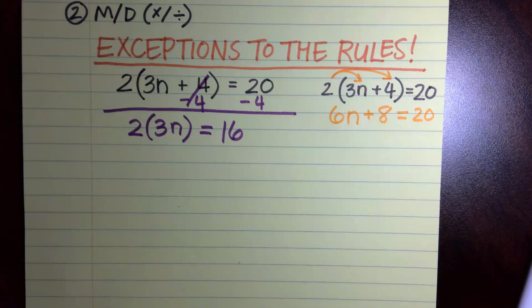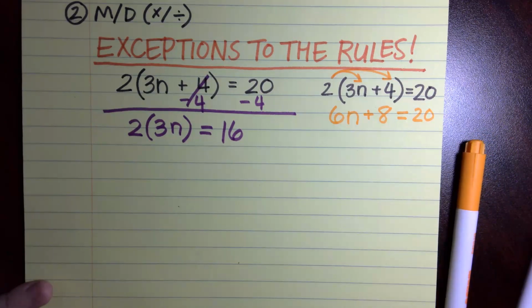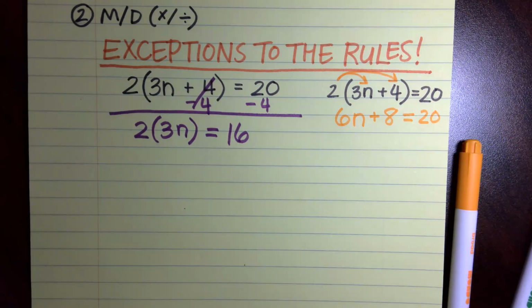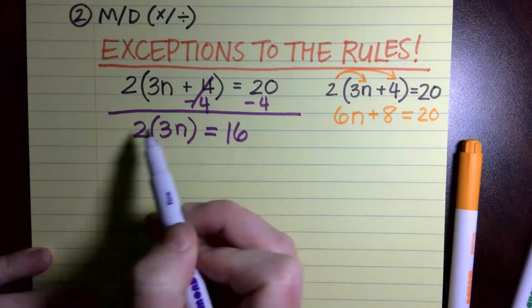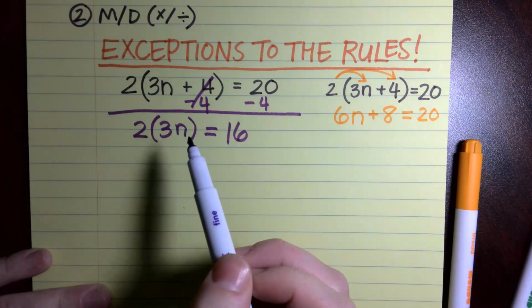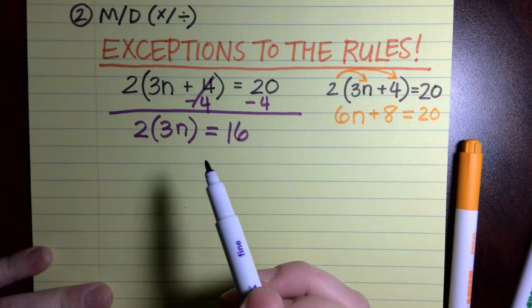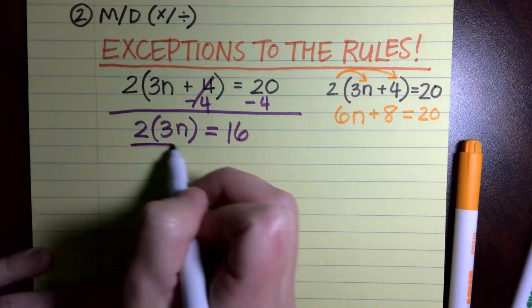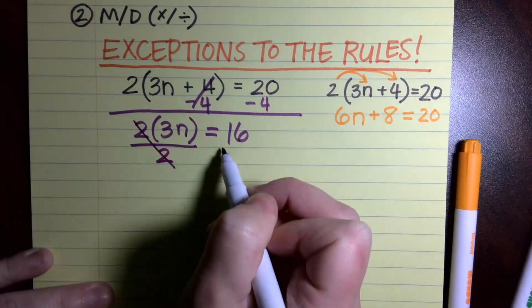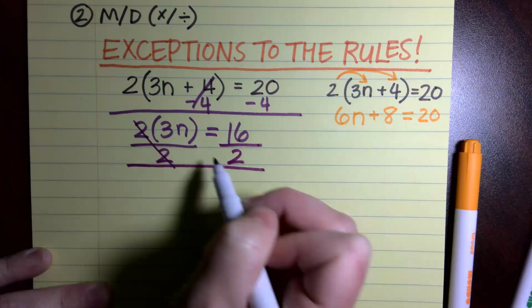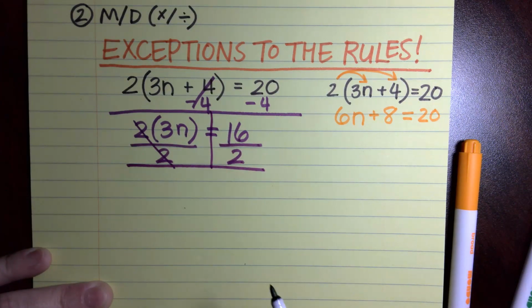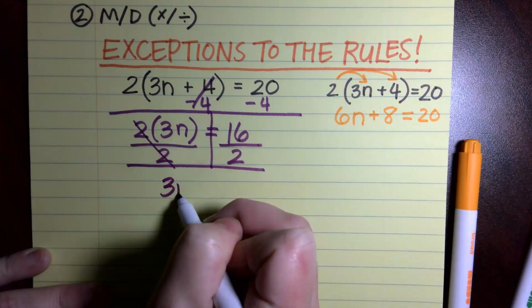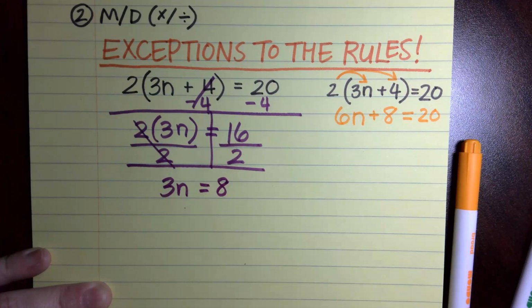Let's keep going with each of these, okay? So let's go back to our purple. If we got to this, what would we do here now? What do we think? Give me some ideas. We're just trying stuff. Sure, let's divide by 2. All right, get rid of the 2's. We're just trying things, guys. Okay, so that leaves me with 3n equals 8.